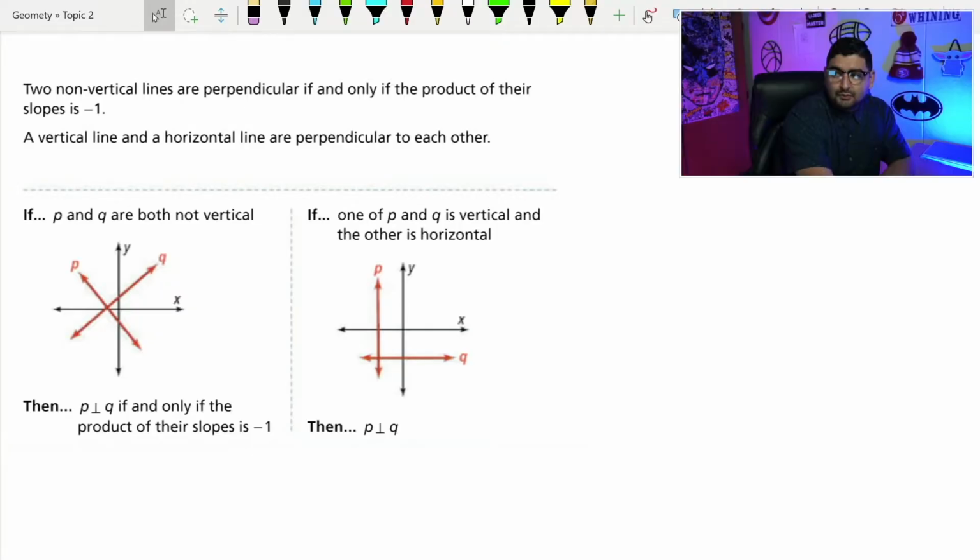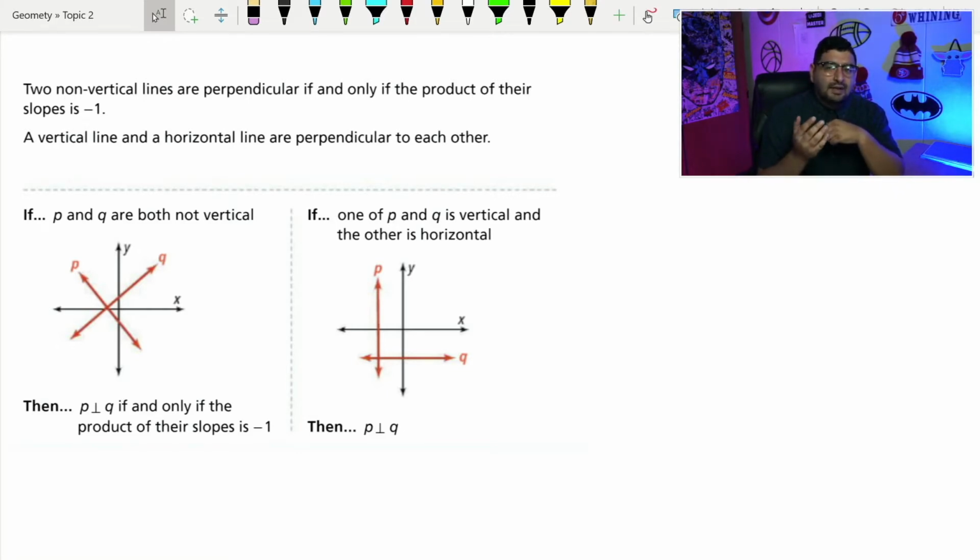So here we have the formal definition of how two lines can be perpendicular in geometry. Two non-vertical lines are perpendicular if and only if the product of their slopes is -1. So if we find the slopes of each of those lines and multiply them, and we get -1 as a result, we know that those lines are perpendicular.